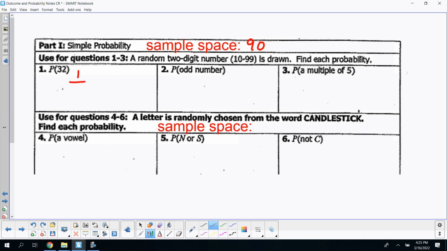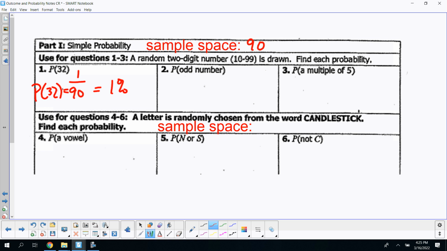That's going to be 1 out of 90, which is a 1% chance. I'm sorry, it'd be a 1% chance, not a 0.01. And that's our probability of 32.